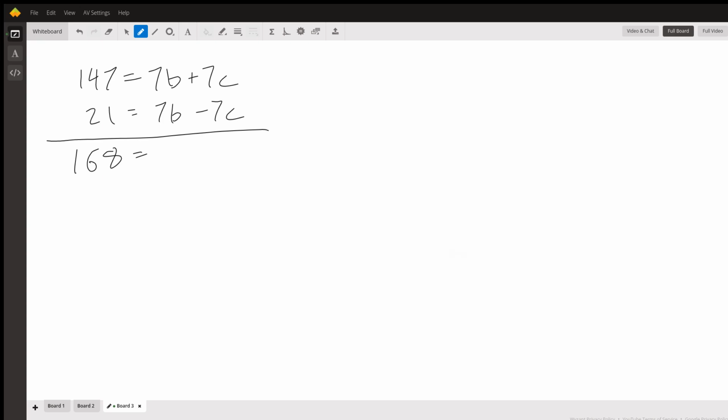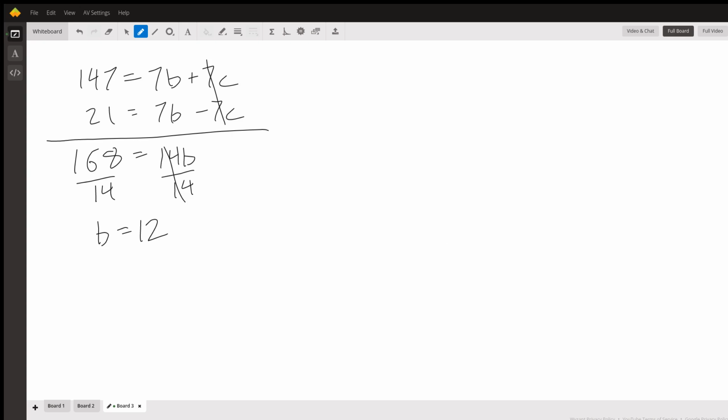7B plus 7B is 14B. These cancel, they're eliminated. So now I can solve this for B. I can divide both sides by 14. 168 divided by 14 is 12. So the boat rate is 12.